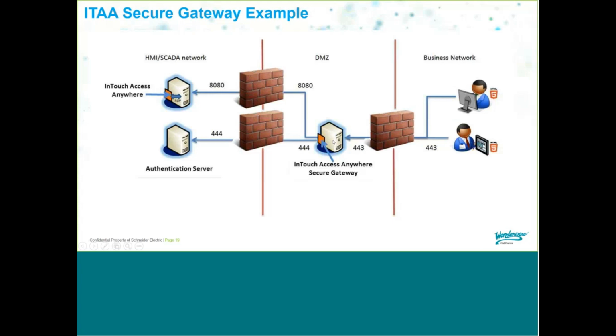And then once you authenticate against the secure gateway, then it launches InTouch Access Anywhere running on the SCADA network. Okay, so this is just from an IT cybersecurity standpoint, another level of security, the defense in depth strategy that provides another level of authentication or network segregation between your plant network and the outside networks.